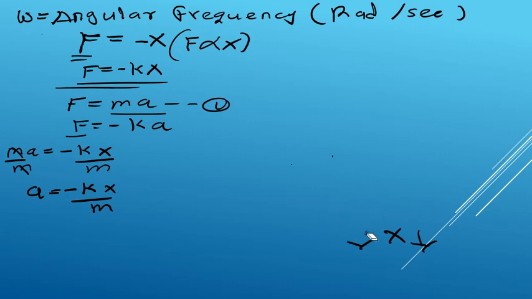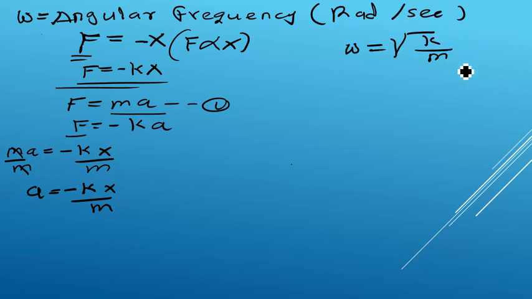Now omega is equal to the root of k over m.